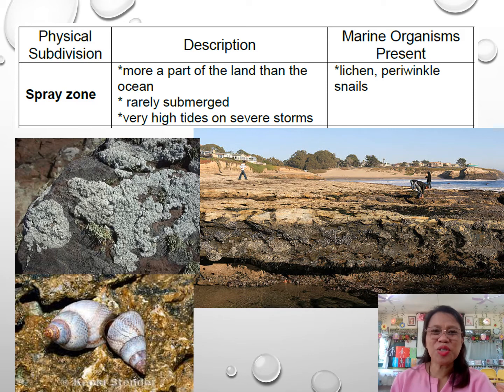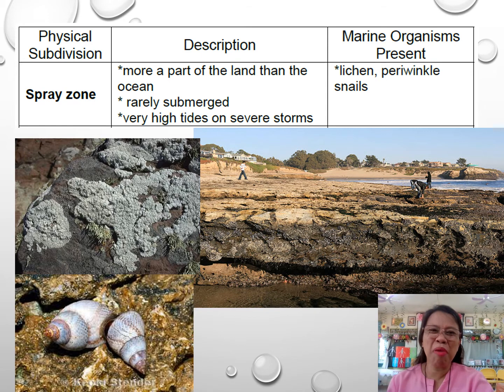Okay, spray zone. How are we going to describe the spray zone? More a part of the land than the ocean. So, mabasa man lang ng spray zone kung kusog ang kuan sa dagat, no? Tampisik sa dagat. So, more part of the land na gina siya than the ocean. Rarely submerged. Talagsara kay mag-submerge.